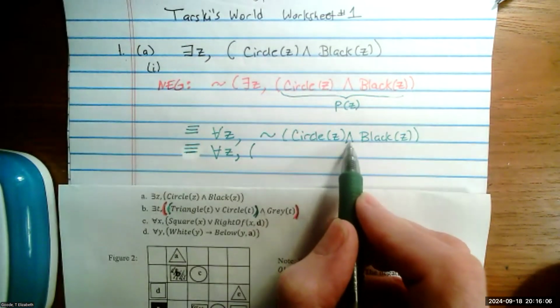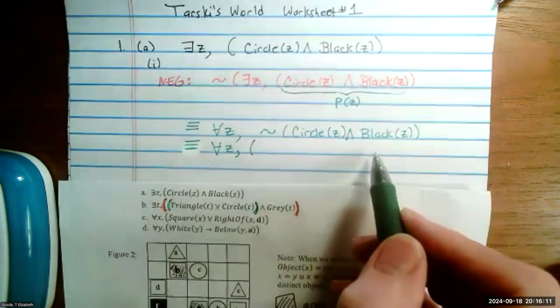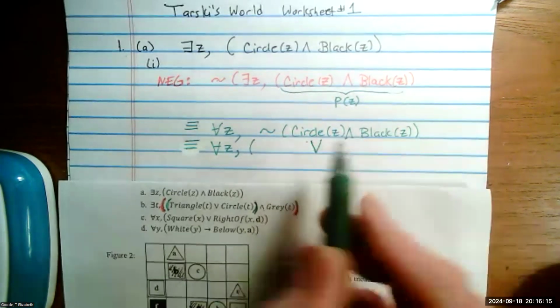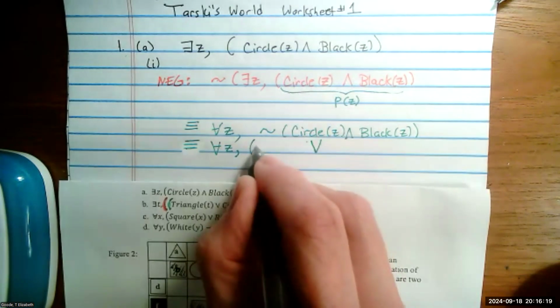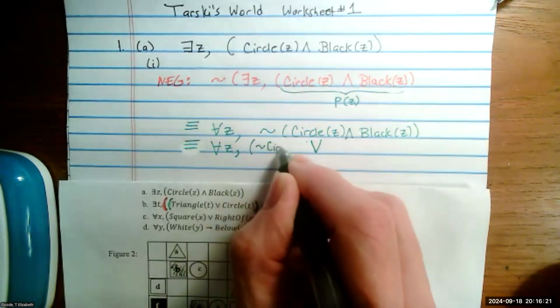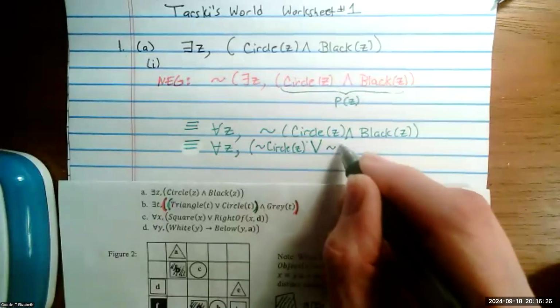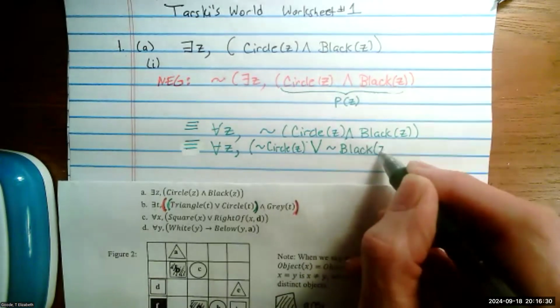What happens to the and? The and changes to an or. That's right. And then we negate both of the components. So not circle Z or not black Z.